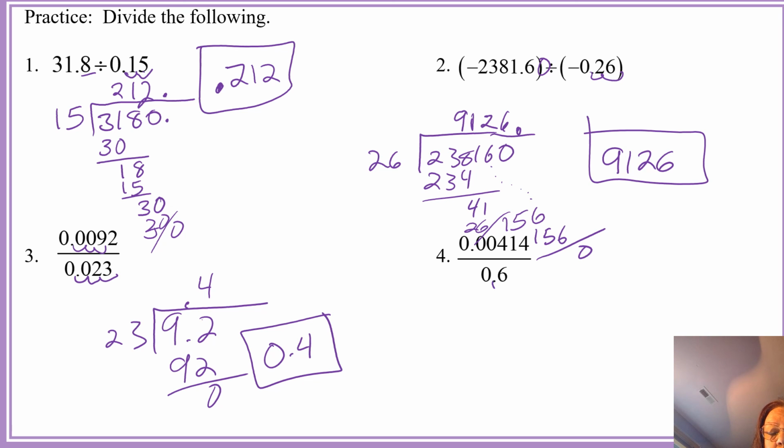All right, I'm going to move it over once, so just once. So I have 0.0414. Not 0.6, sorry, this should just be 6. 4 is 0, 41, it's going to go in 6 times.